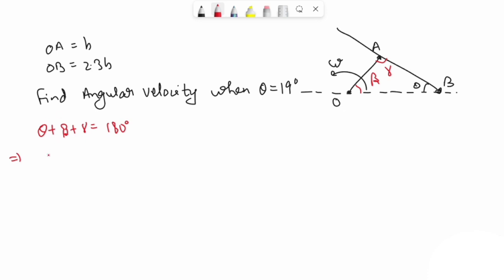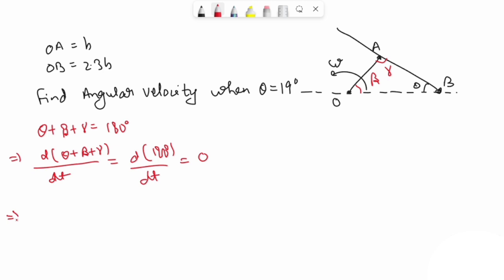And now if we differentiate this with respect to time, then d(theta plus beta plus gamma) by dt equals d(180 degree) by dt, and this one is equal to 0, right? So we have theta dot plus beta dot plus gamma dot equals 0. This is our equation first.